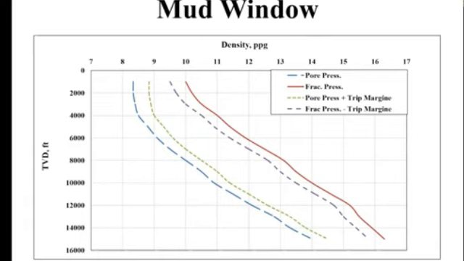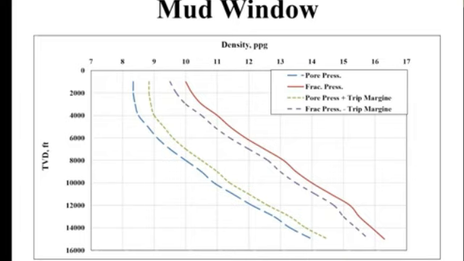When the drill string is still inside the wellbore, bottom hole pressure is equal to hydrostatic pressure. When we start tripping in, bottom hole pressure will be hydrostatic pressure plus pressure drop due to friction.